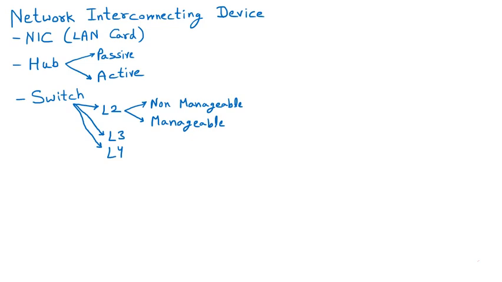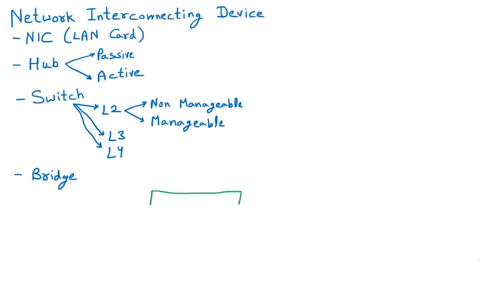Okay, everyone. So we are discussing the next network interconnecting device, and that is the bridge. Now, to understand this network interconnecting device, first of all, I am taking one example. Let us suppose that we are having three switches.